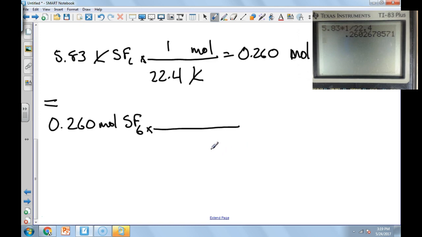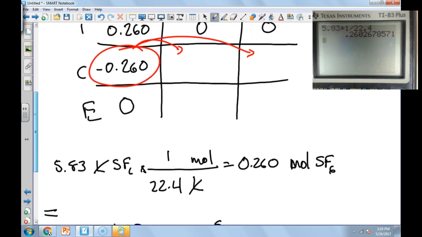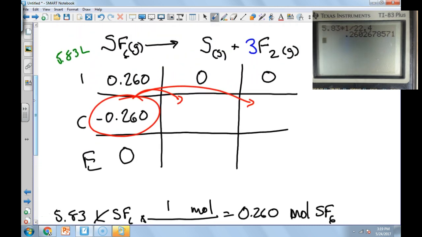And now what we want to do is convert SF6 to S. And in order to convert that, we need to use the balanced chemical equation. The balanced chemical equation shows us what the mole-to-mole ratio is. Notice I say mole-to-mole. Shows us what the mole-to-mole ratio is of one thing in a reaction to another thing.